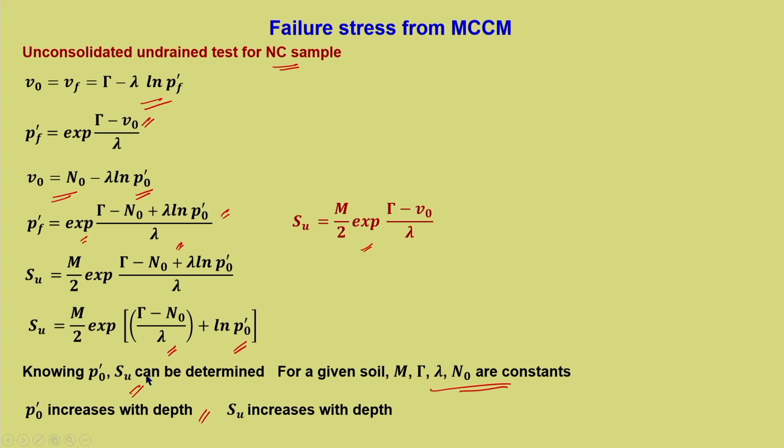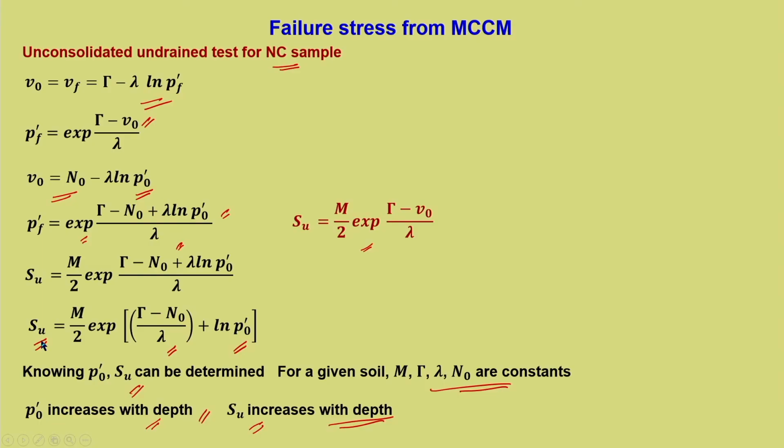Since P naught dash increases with depth, the Su for normally consolidated soil increases with depth. If you want to prove that Su of NC will always increase with depth, this is the proof. According to this equation, Su is merely a function of P naught dash because all others are constants.